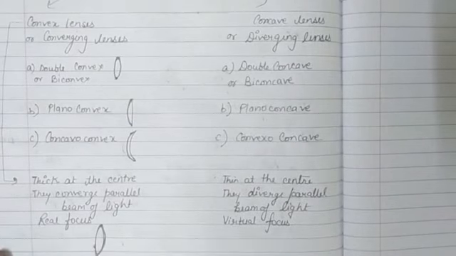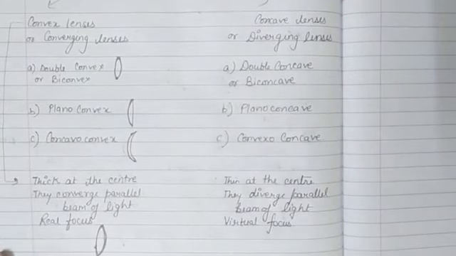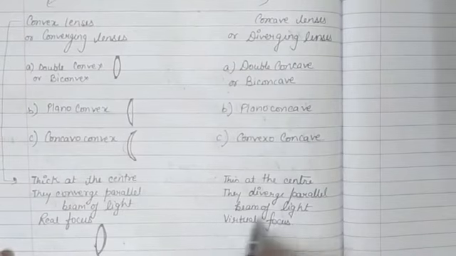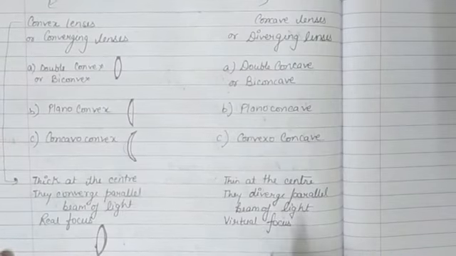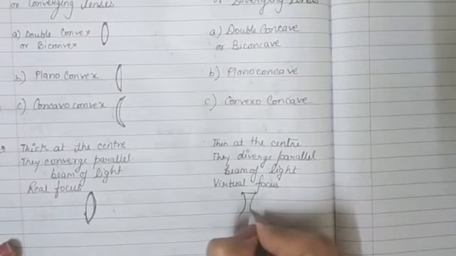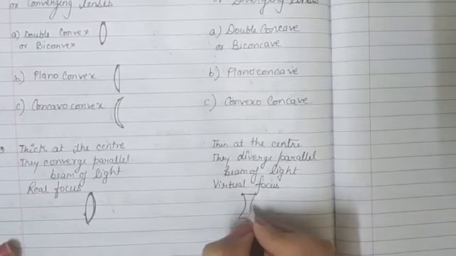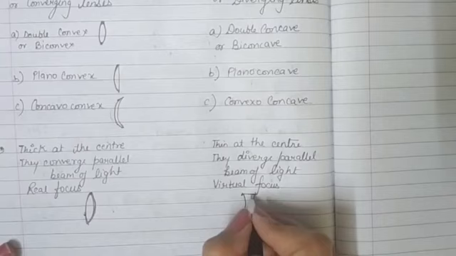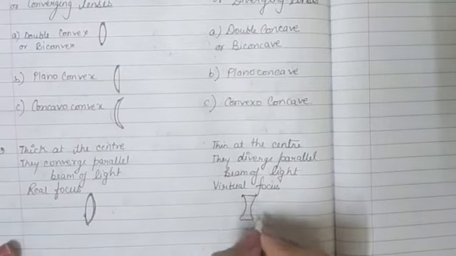Virtual or imaginary focus. So if there is a lens which is thin at the center in comparison to the edges and diverging parallel beam of light and has a virtual focus, then such lens is called a concave lens, and we can make a concave lens like this. If the lens is like this, then it will be thin at the center and thick at the edges, then it is called a concave lens.